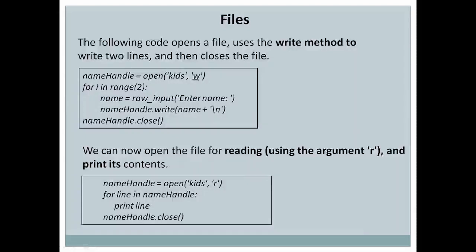Here we have used a for loop to write 2 lines to the file. So for i in range, and the range function we have already studied. The range function is used to generate a sequence. It generally takes 3 arguments: start, stop and increment, but we can skip some arguments.